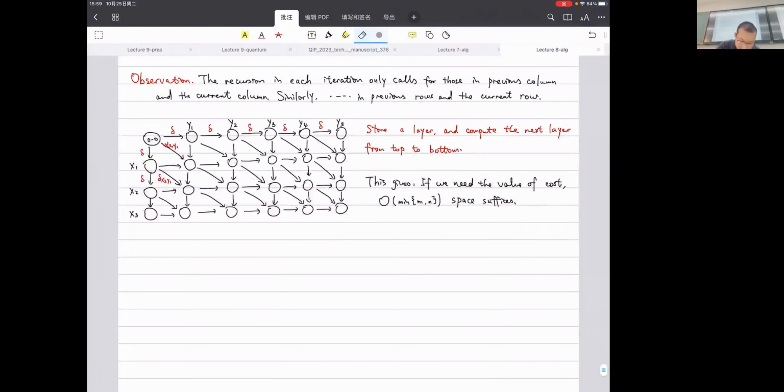So a question we can ask is, what if we want to recover an optimal alignment? Another way to see this is whether we can recover a path from corner to corner, from the very top left corner to the very bottom right corner.